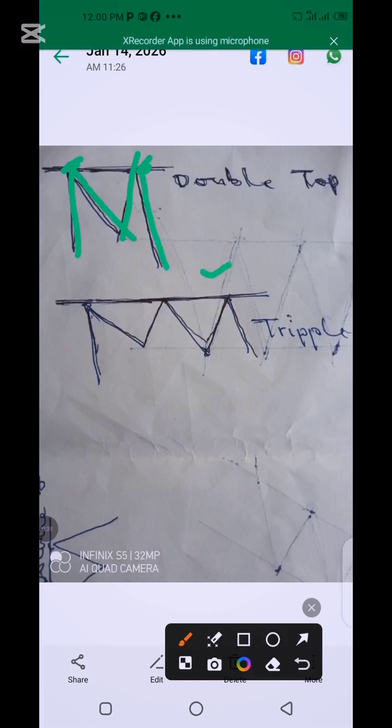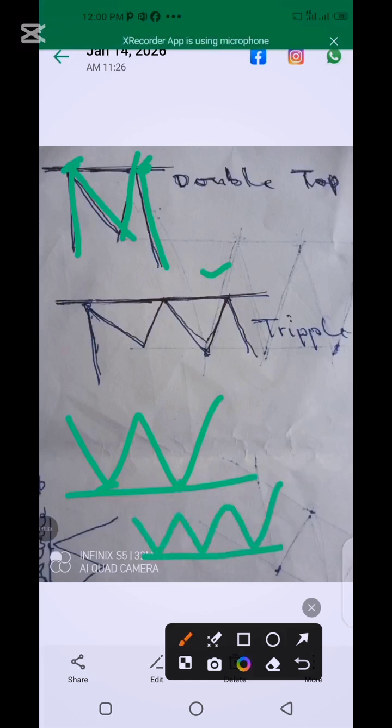Now we also have double bottom, and we also have triple bottom. Each time price gets into these levels, there are some orders which are not yet filled, and they will also buy it up. So these are all liquidity areas. Next we have swing high and swing low.